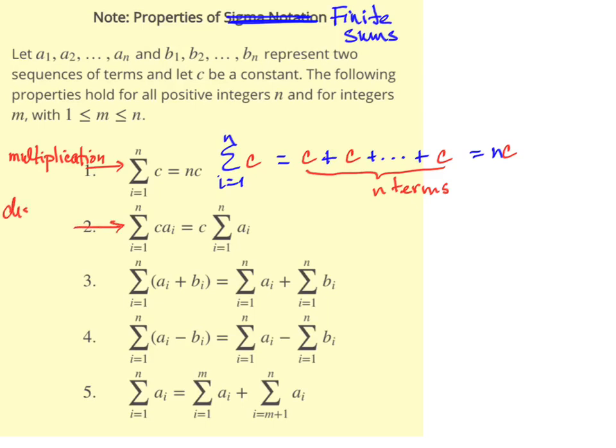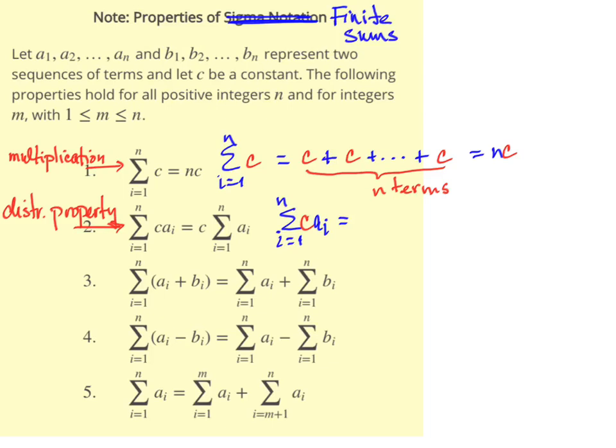The second one was mentioned in class the other day. The second one is the distributive property, and I'll show you why. So the left-hand side says the sum as i goes from 1 to n of c times a_i. Well, what does that mean?